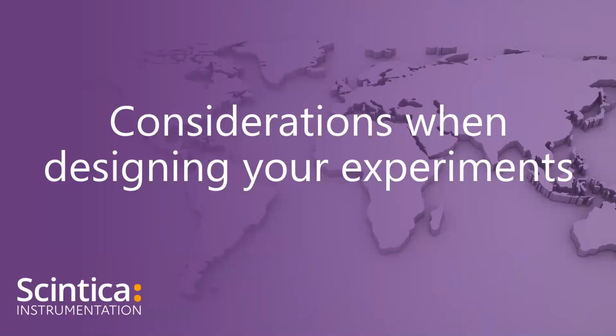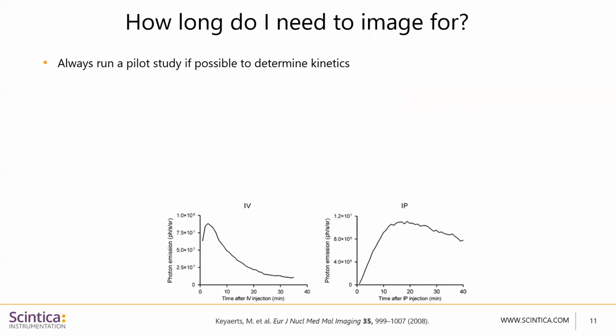Okay, now we're going to move into considerations when designing your experiments. So how long to image for? This is a common question we get quite a bit. I always encourage people to run a pilot study. This is super, super important.